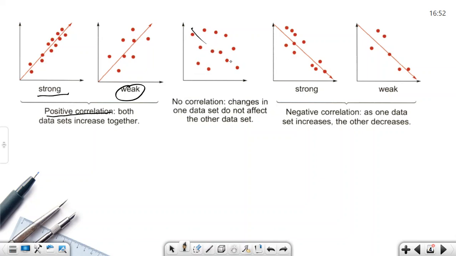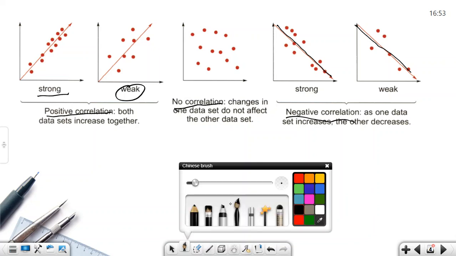If you cannot draw any line, and the points are separated randomly around the graph, we say no correlation. If the slope of the line is negative, we say negative correlation. Same idea for strong and weak: whether the points are close to the line or far away from the line. What does positive and negative mean?